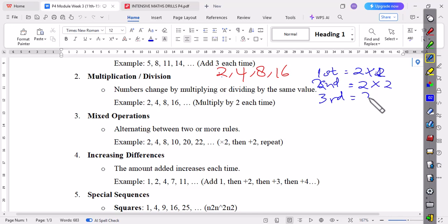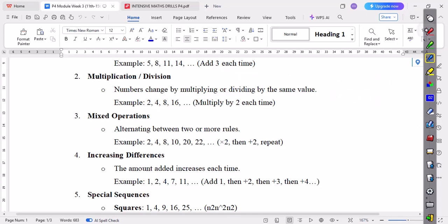For example, we have 2, 4, 8, 16. So here, if we see, the next number we got by multiplying the number by 2. So here we times it by 2, and we times it by 2, we times it by 2 again.